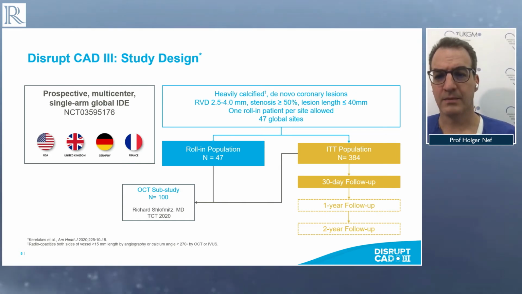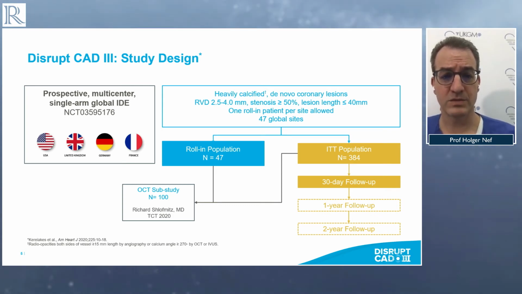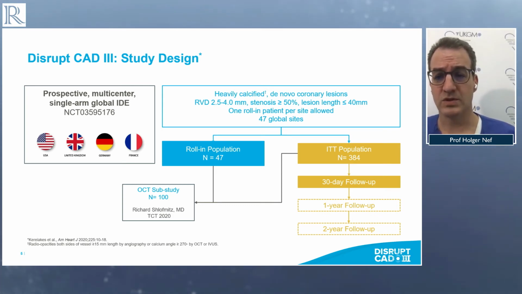The patients included in this trial had heavily calcified de novo coronary lesions with a reference vessel diameter from 2.5 to 4.0.